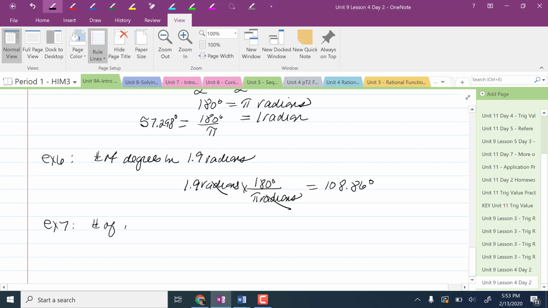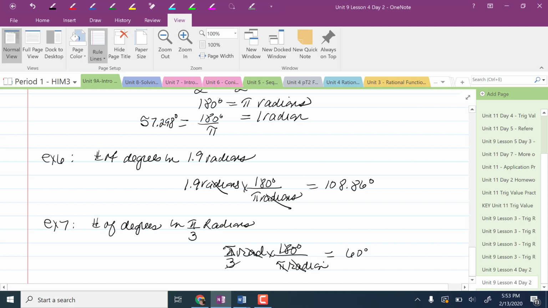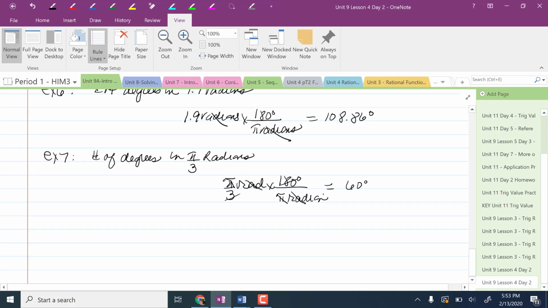We need the number of degrees in pi over 3 radians. We start with pi over 3 radians. We use our conversion factor. Pi radians is equivalent to 180 degrees. And we divide out the pi's, the radians, and reduce 180 over 3 to get 60 degrees.